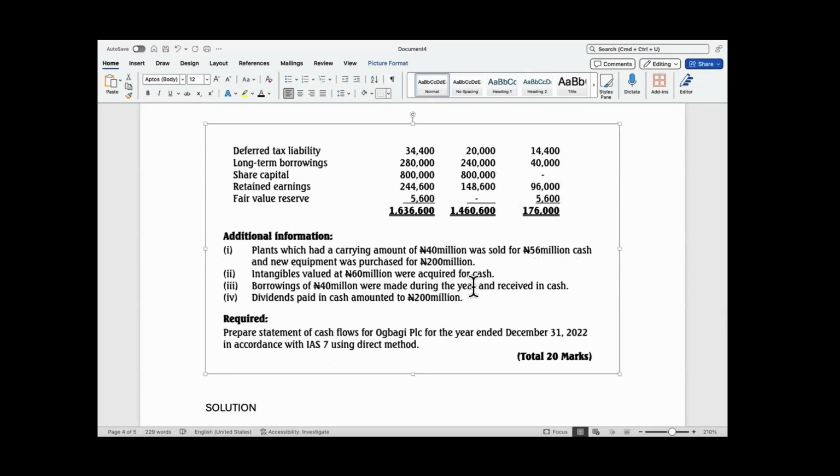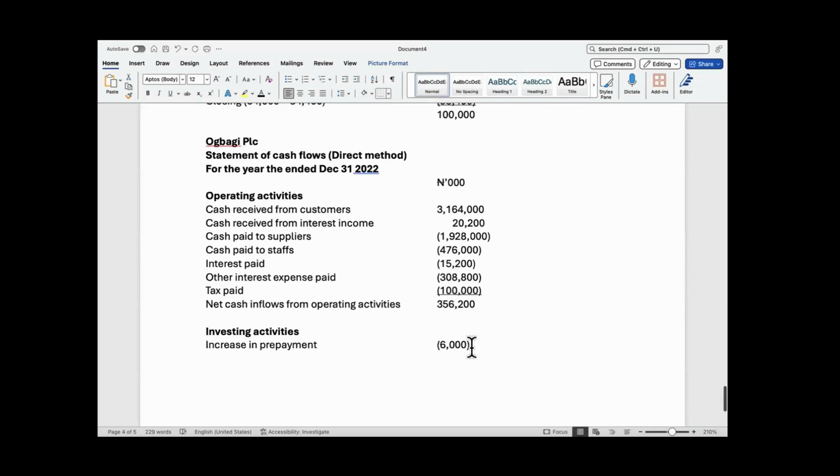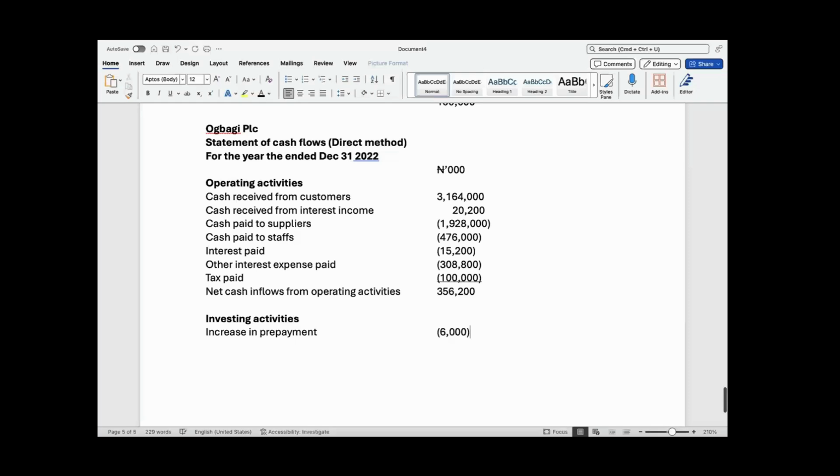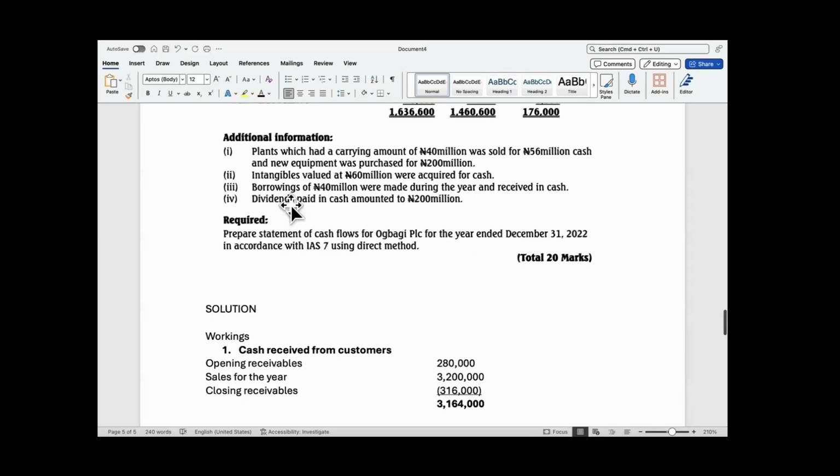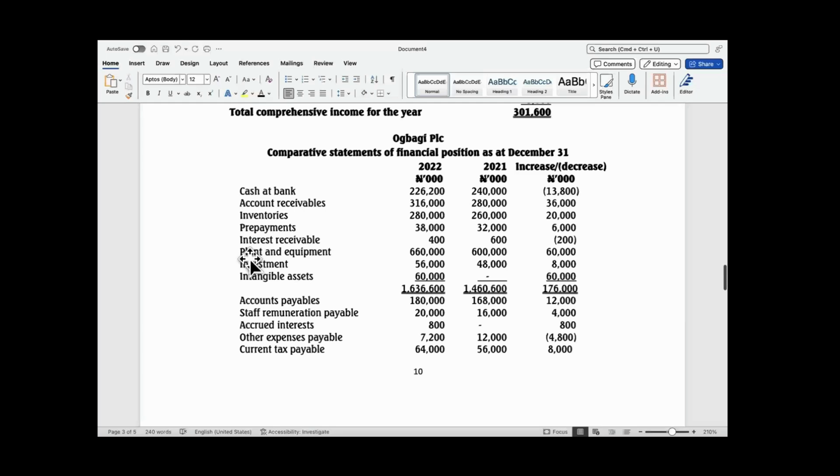So under my investing, I will have sales proceeds from sales of plants, and that's 56 million. And also I have acquisition of plants, and that's 200 million. And that's everything. No, that's not everything. There is also an investment here.